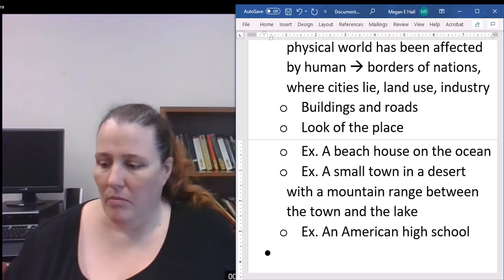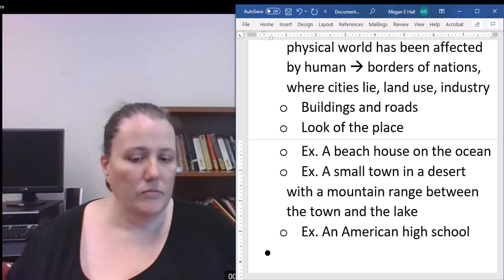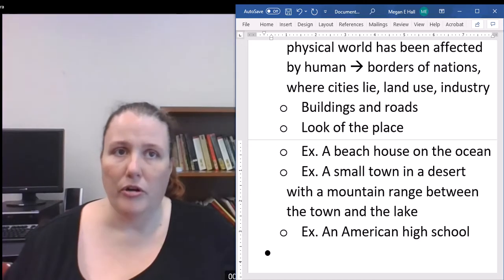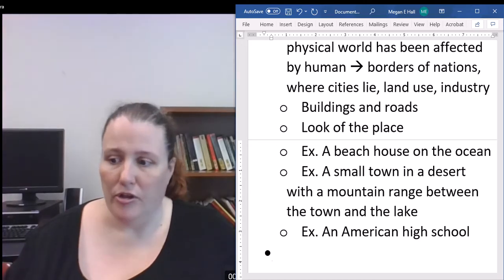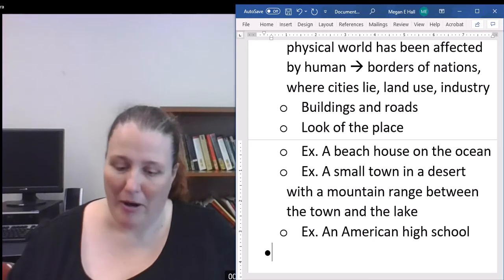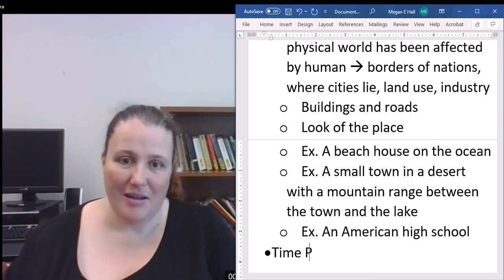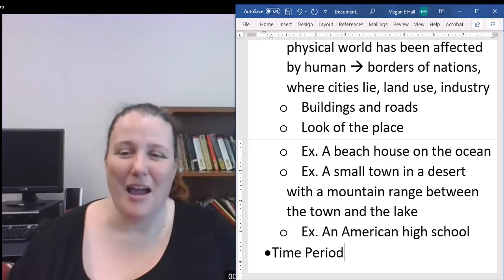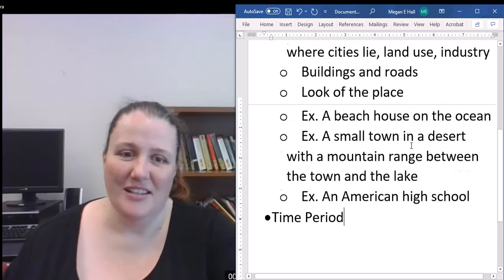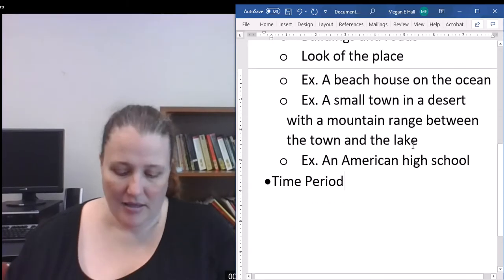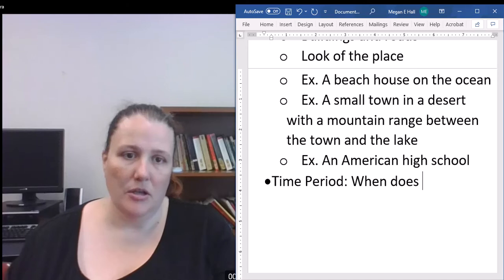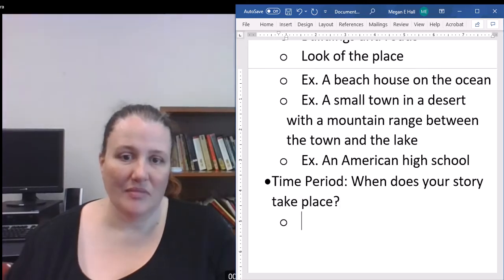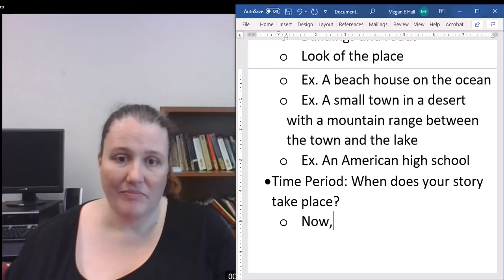Maybe you have several scenes in several different settings, but the general look is the environment. The next part is the time period. So when does your story take place? Is this now?